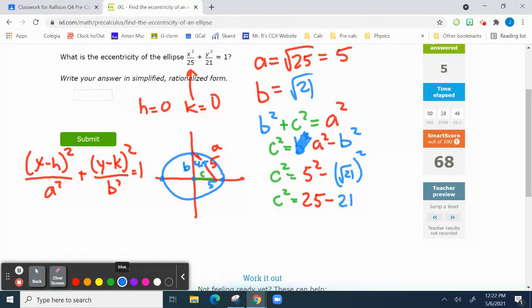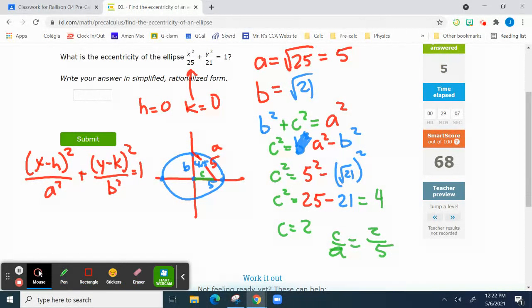Well, it's 21. So 25 minus 21 equals 4. So that means that C equals 2 and A equals 5. So it's C over A equals 2 over 5. And that is going to be the eccentricity of that. Two over 5.